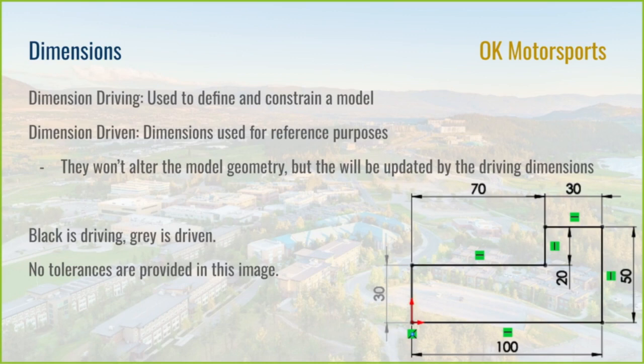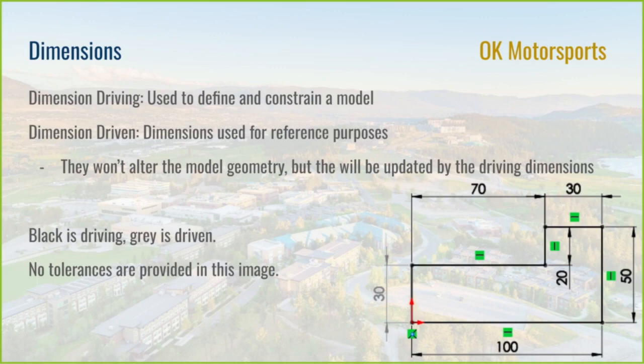It is 50. It is absolute. I drew a line. It's 30. It's absolute. Because this is all defined so far. 20 absolute. 70 absolute. And I connect the end. I don't need to say that this is 30 because mathematically I know that I went up 50, down 20, and now I'm going down whatever's left. It knows that it's 30. It is a driven dimension.